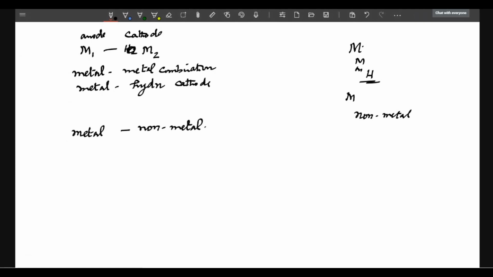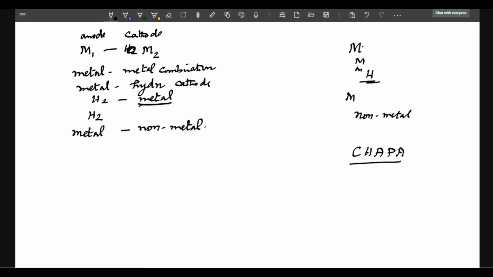What are the possibilities for hydrogen acting as the anode, and some metals acting as the cathode? Which metal would be acting as the cathode? If hydrogen is the anode, we have already seen that copper would be acting as the cathode.